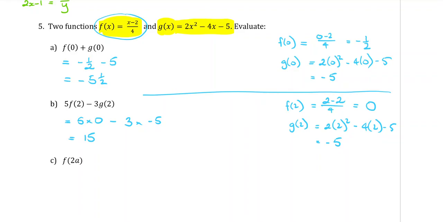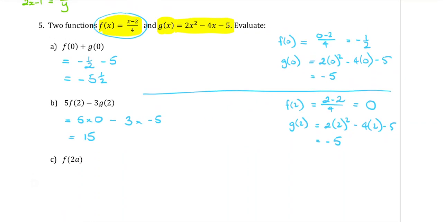Part C, f of 2a. So this is putting a 2a where the x is in the f of x equation. So I'm going to sub straight into this one, and it's going to be 2a for the x minus 2 all over 4.